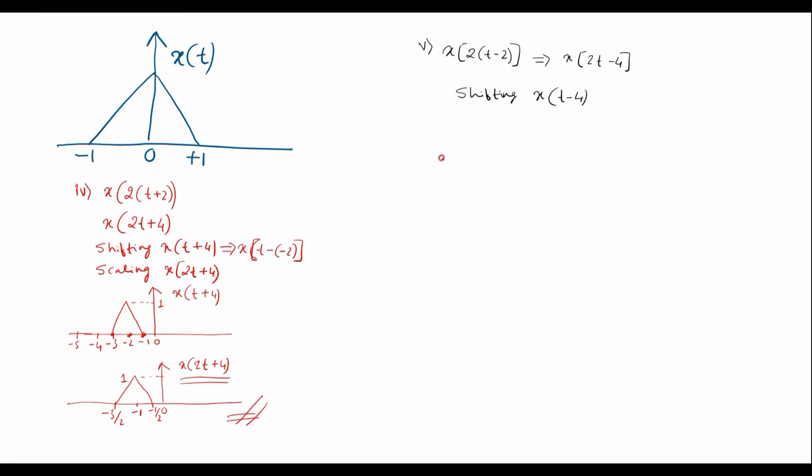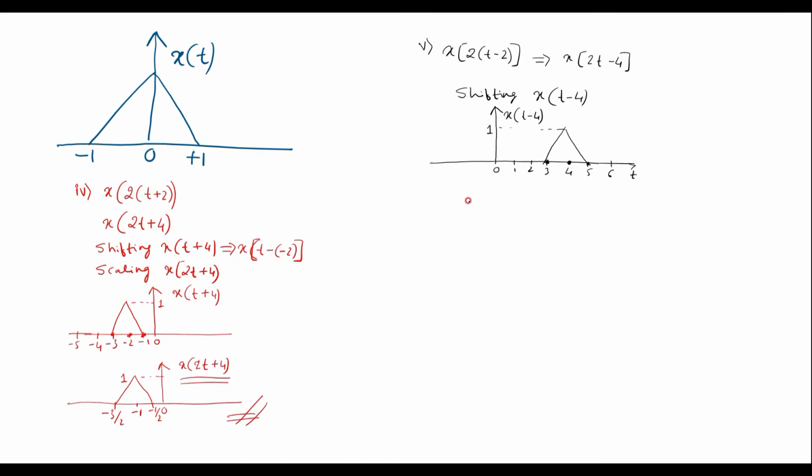So I'll draw x of t minus 4 waveform here. Zero will appear at 4. This minus 1 will appear at 3, and plus 1 will appear at 5. So the signal will look like this. This is amplitude, that is 1. So this is x of t minus 4.